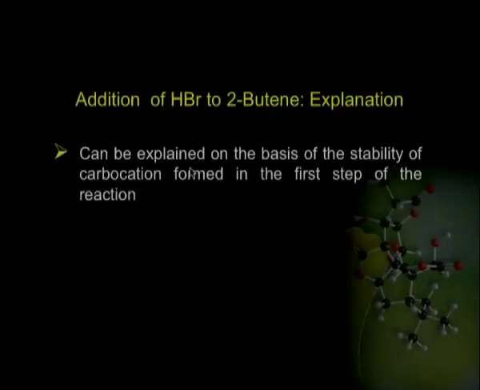And what is the explanation we give for the preferred formation, or the Markovnikov addition, of the hydrogen halide to alkene? This can be explained on the basis of the stability of carbocation which is formed in the first step of the reaction.